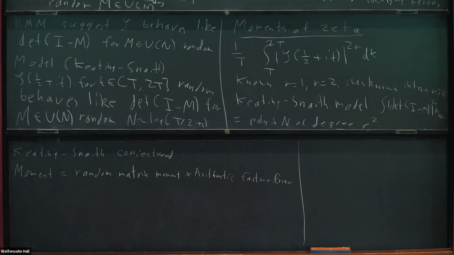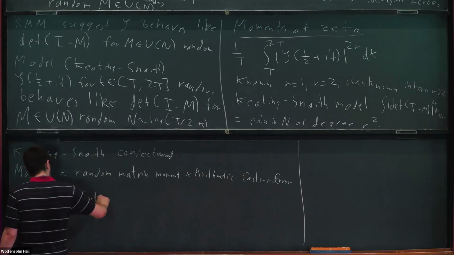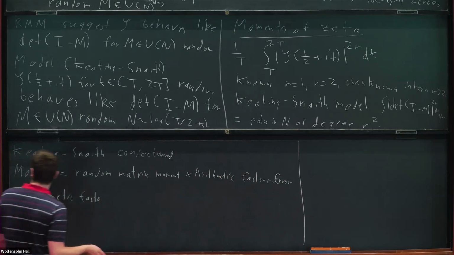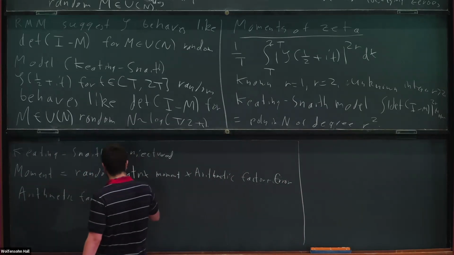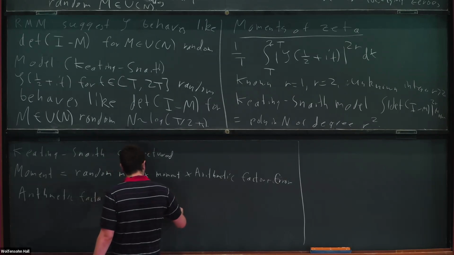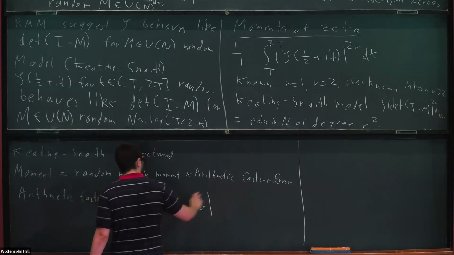So what is this arithmetic factor? It arises really from the random Euler product model. If you try to calculate the moments in the random Euler product model, you can do it off the critical line, but it diverges to infinity as you reach the critical line. So it's like the expectation of the product over p of the absolute value of 1 over 1 minus c of p, p to the minus sigma, raised to the 2r.